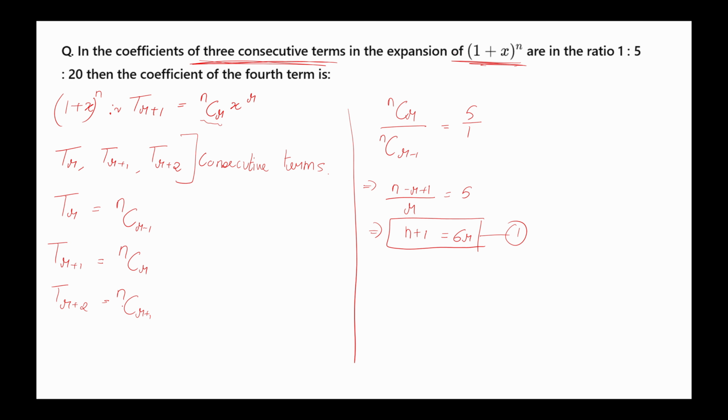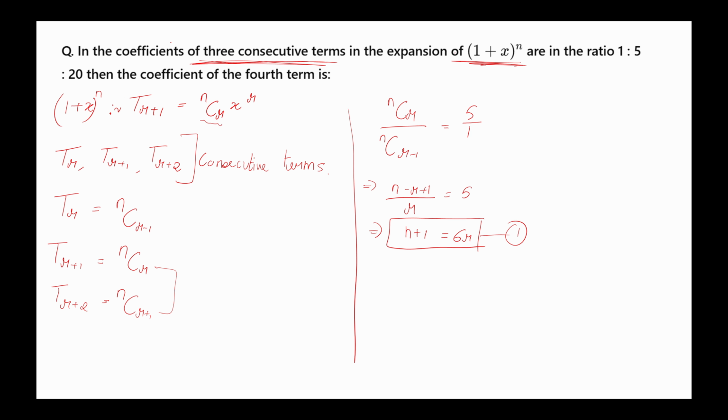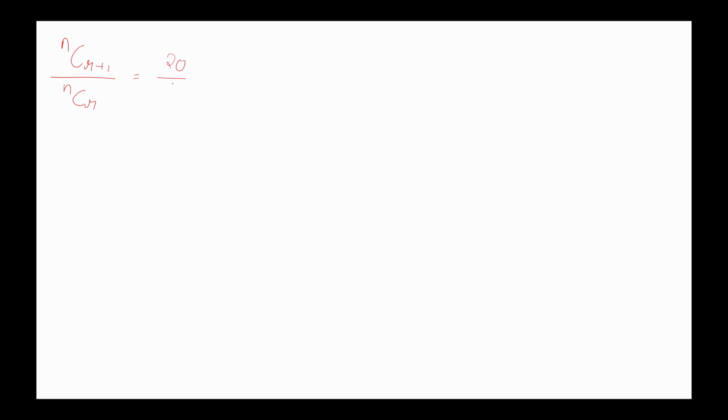Now let us find out the second equation by using these two terms. What do we get? nC(r+1) upon nCr, and this value is equal to 20/5, that means this is 4. And how can we write this down as (n minus, instead of r, what do we have here? We have r plus 1 at top, so this becomes r plus 1) upon r plus 1, (n minus r plus 1) upon (r plus 1), this is equal to 4.